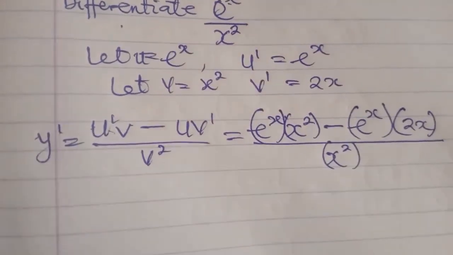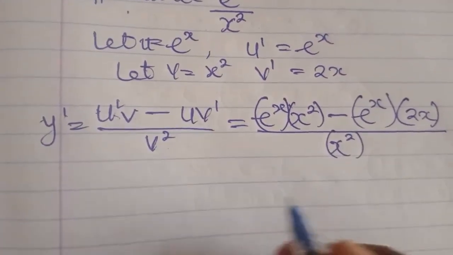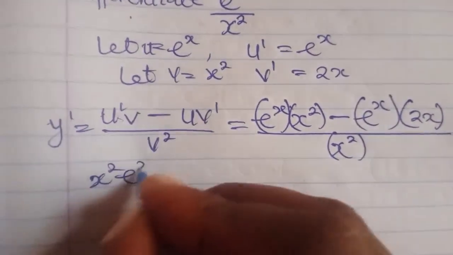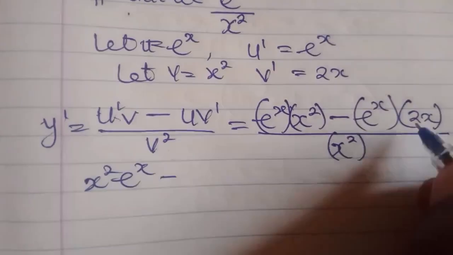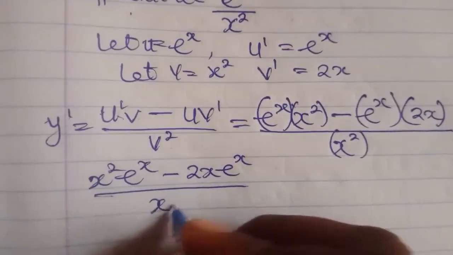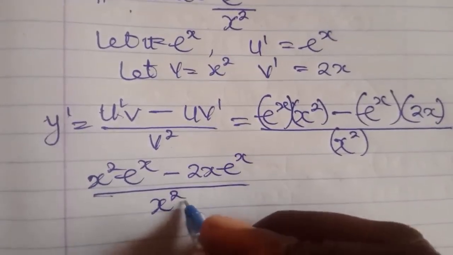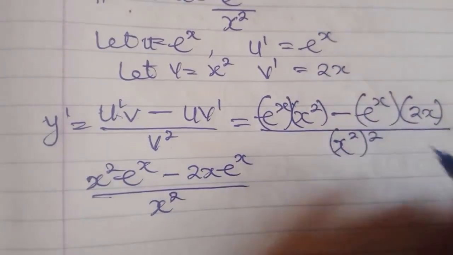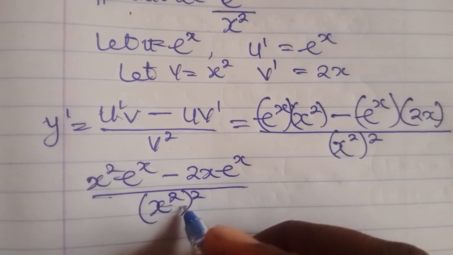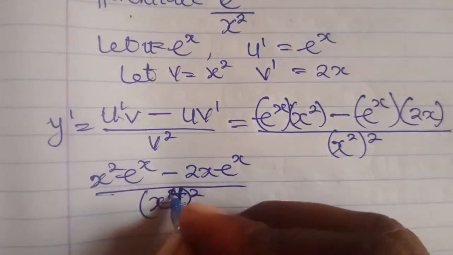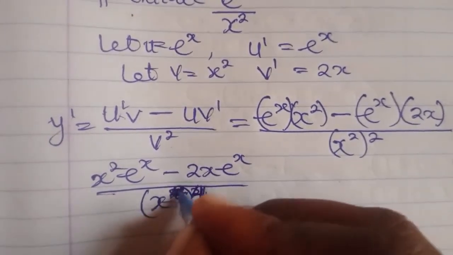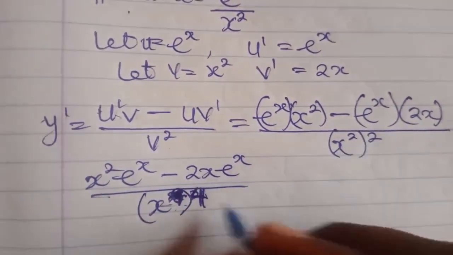The next thing we can do is multiply out. This and this give us x squared e^x minus 2x e^x over x squared. Now x squared, squared, is the same thing as x^4, 2 times 2, x^4.